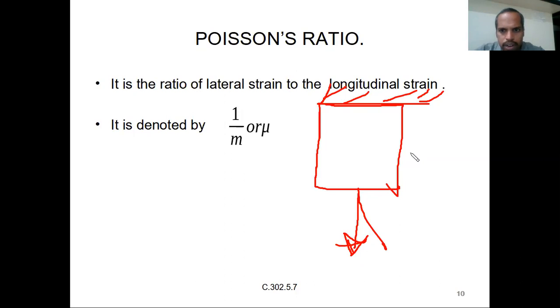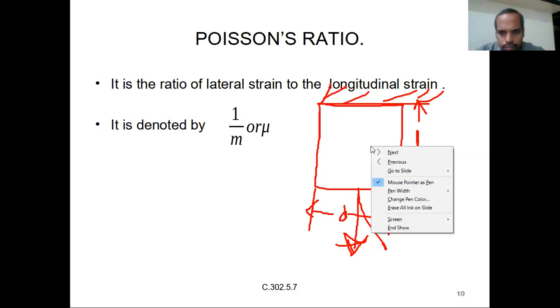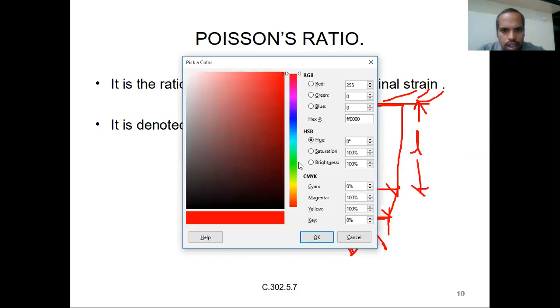Let us say this is the length L, and this dimension, let us say D. Under this load, how does it change?